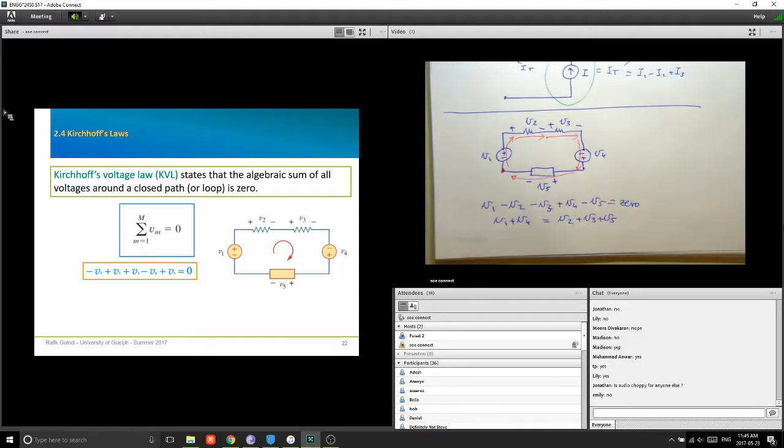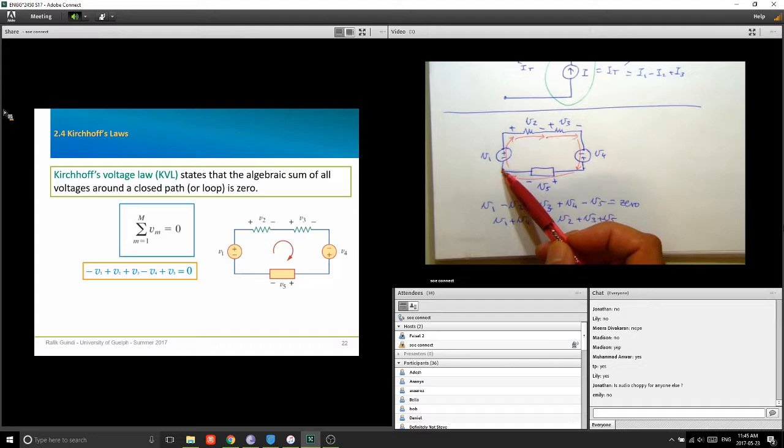And let's walk again and let's see what we're getting here. Remember the definition that we had, if it was last lecture or the one before, about voltage rises and voltage drops. What is a voltage rise and what is a voltage drop?